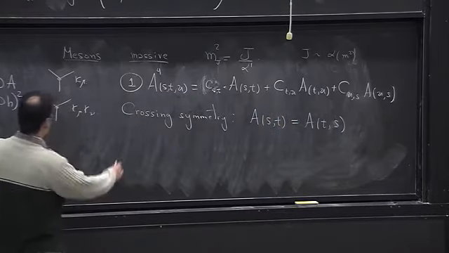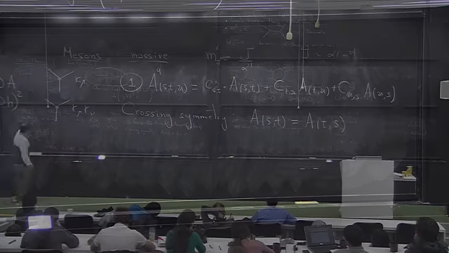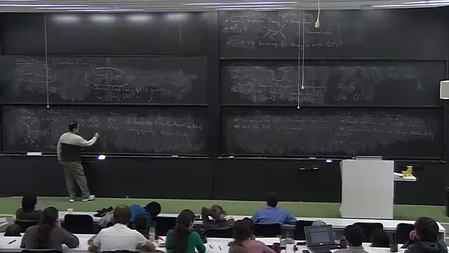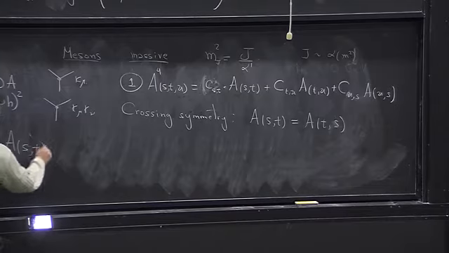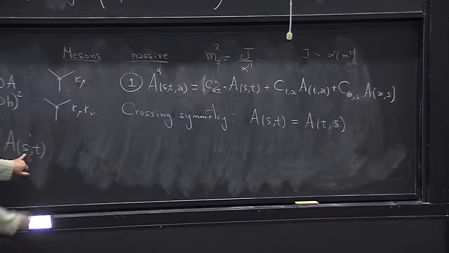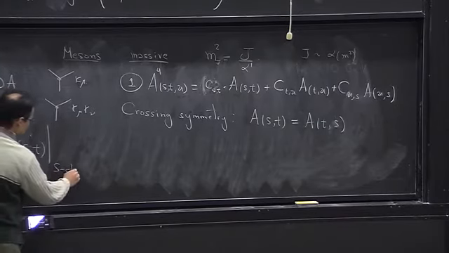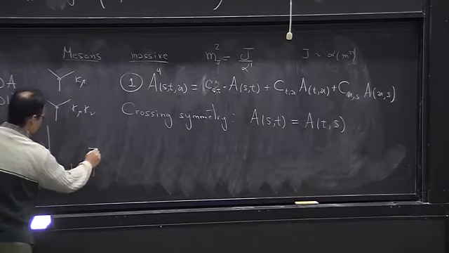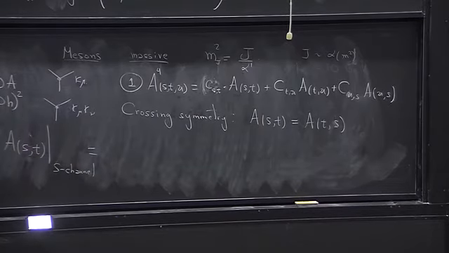Okay? Now, let's see what the amplitude looks like in the S channel. In other words, I'm going to write down only the Feynman diagrams that contribute to the S channel. The T channel is a channel where we have 1 and 3 coming together and then producing 2 and 4. Okay? So what do we get?